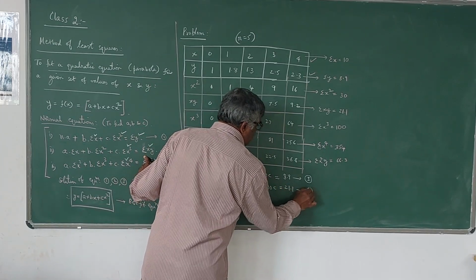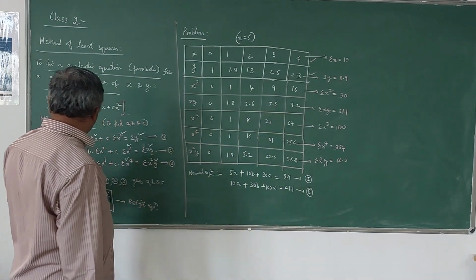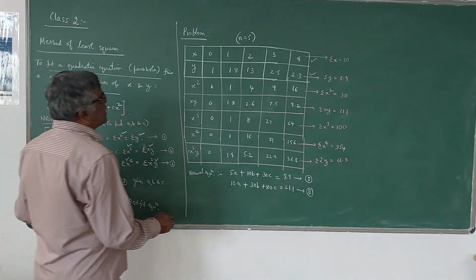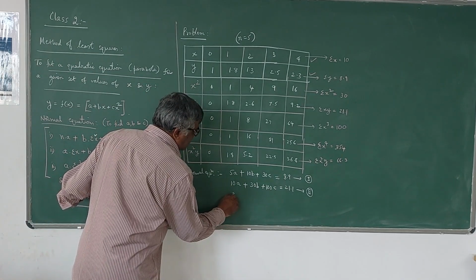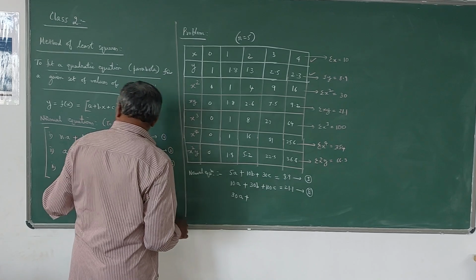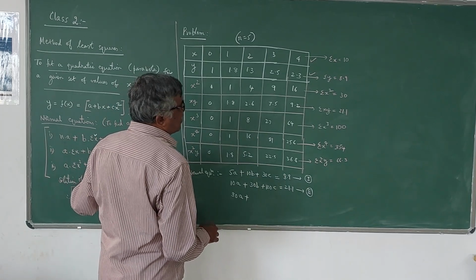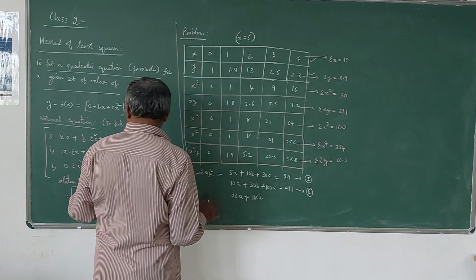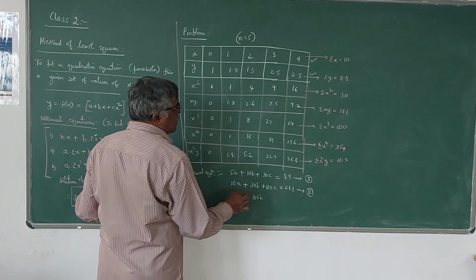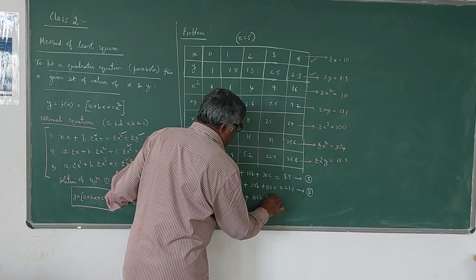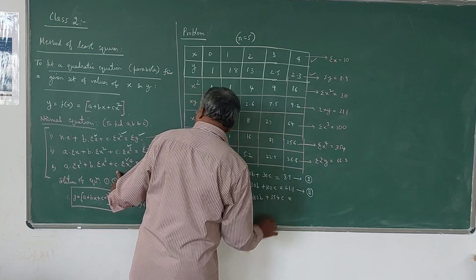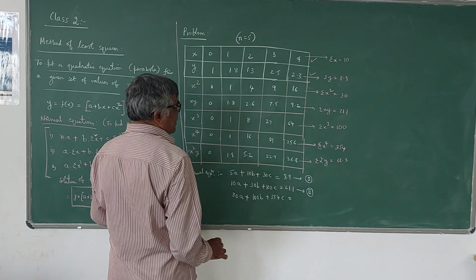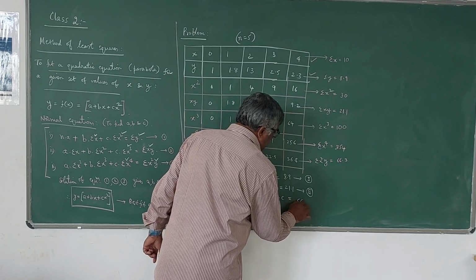Then the third equation becomes A into sigma x square, so 30A, plus B into sigma x cube, which is 100B, then plus C into sigma x power 4, which is 354C, is equal to sigma x square y, which is 66.3.